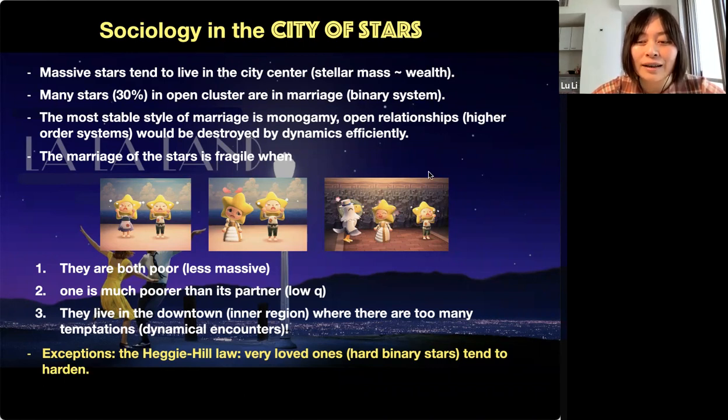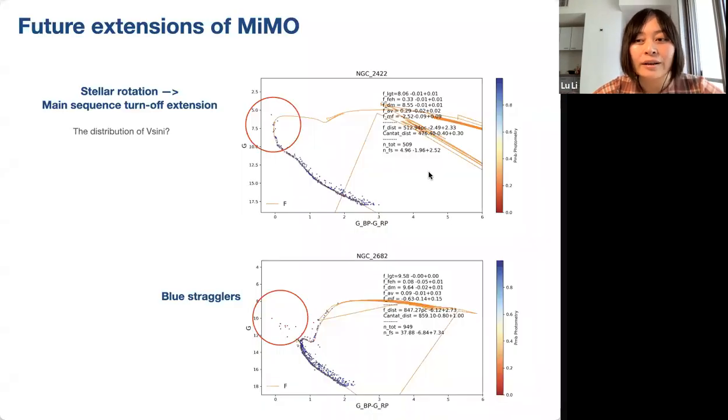So far is our result. Here I introduce two further extensions of our MIMO mixture model method for open clusters. First, measuring the extension of the main sequence turnoff is a byproduct of our method. When we have high-resolution spectroscopy data like v sin i measurements, we can connect the distribution of stellar rotation to the main sequence turnoff extension.